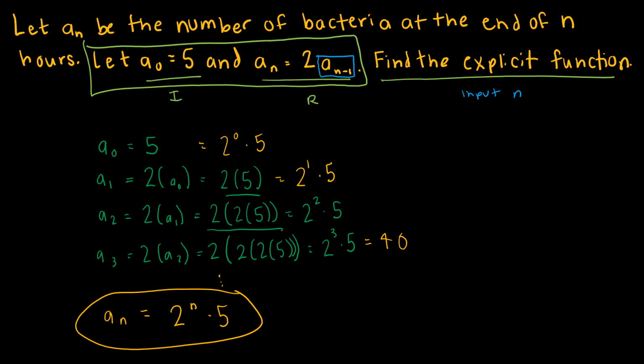Instead of having to do that by finding that this was 5 and taking it times 2, then 10 and times 2, then 20 and times 2, I can just say, if I want a3, that's going to be 2 to the third times 5, which is 40, and it's just a lot faster, especially if I'm looking for something like a200. Then I would definitely not want to have to find all of the 199 terms that happened before.